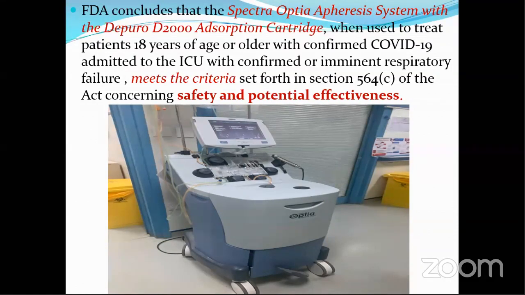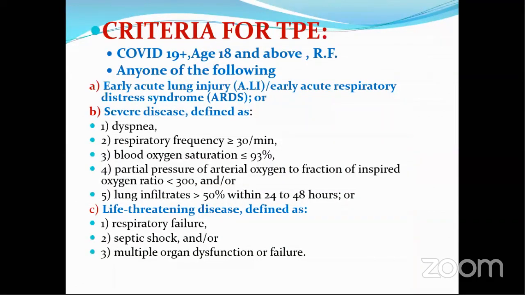Next. And these are the criteria to use TPE, therapeutic plasma exchange. First of all, the patient is supposed to be COVID-19 positive, age 18 and above, with respiratory failure or any of the following: acute lung injury, ARDS.